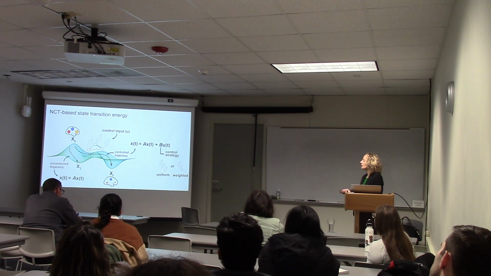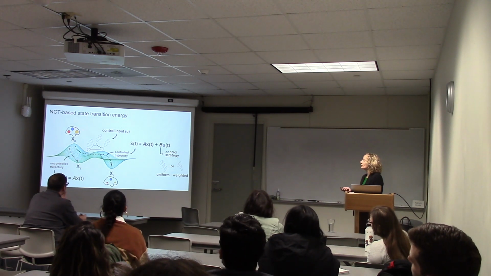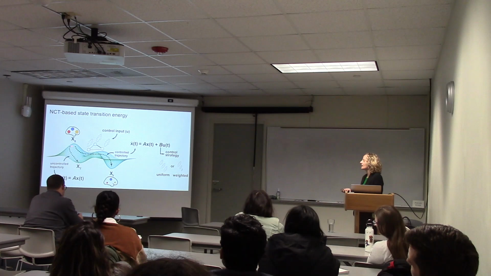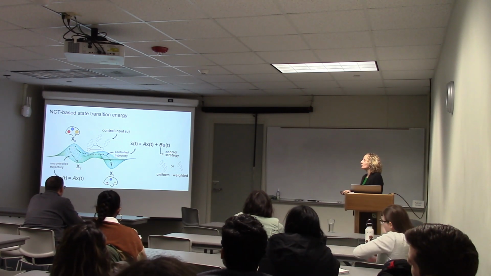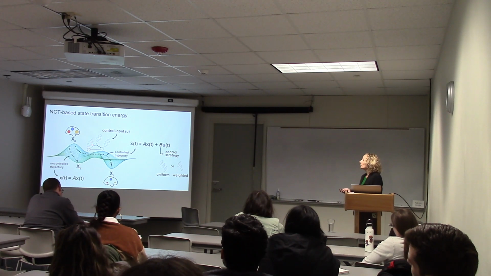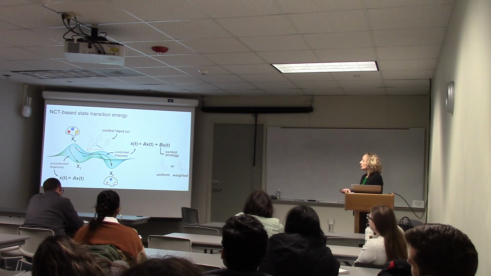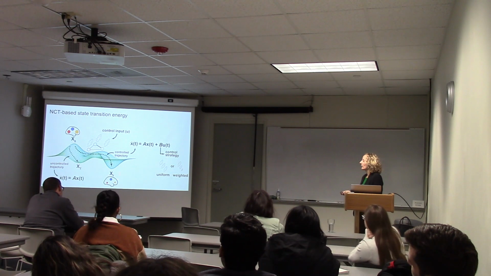So let's say this light gray trajectory is taking us from our initial brain state through the dynamic state space into this x(t), which is uncontrolled diffusion. So what would we need to do to control that trajectory to get it to the state that we want to observe?